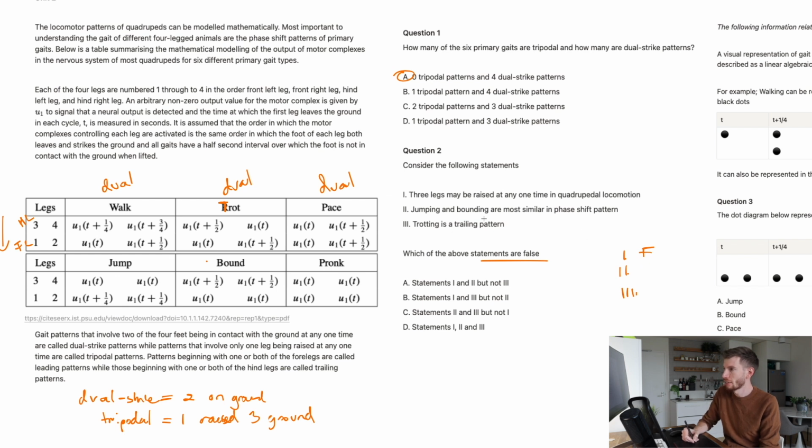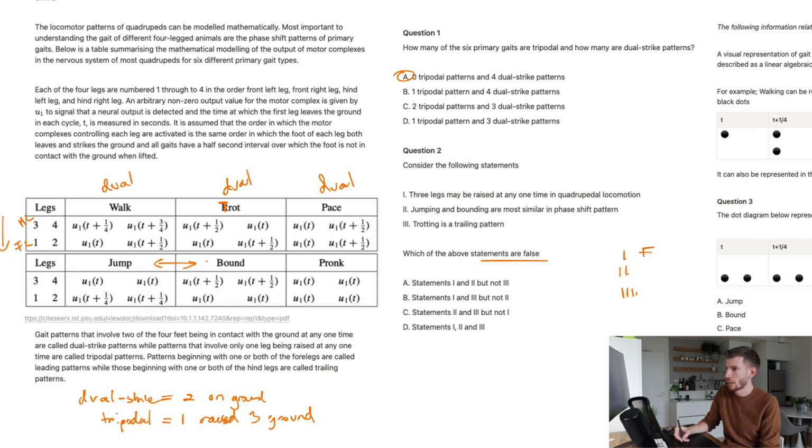2, jumping and bounding are most similar in phase shift pattern. So jump and bound, if I look at them, it does look like they've got 3 and 4 go first, so the back legs, and then the front legs. This one is front legs, then back legs.